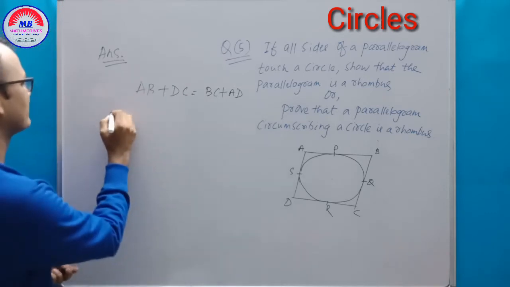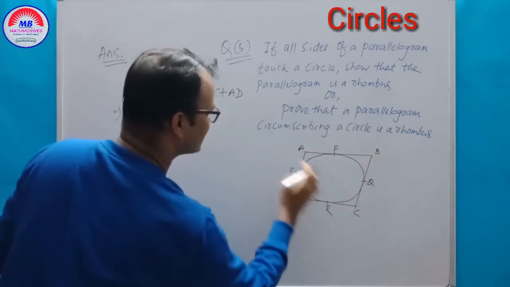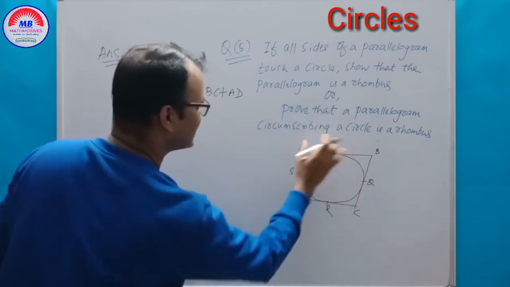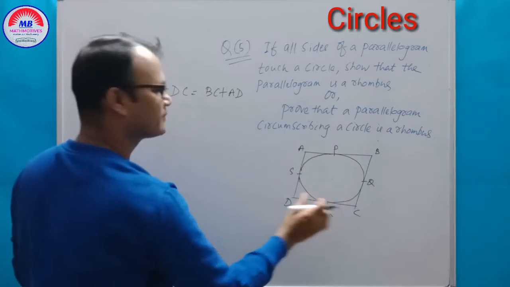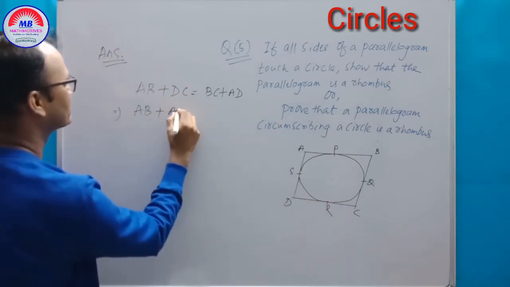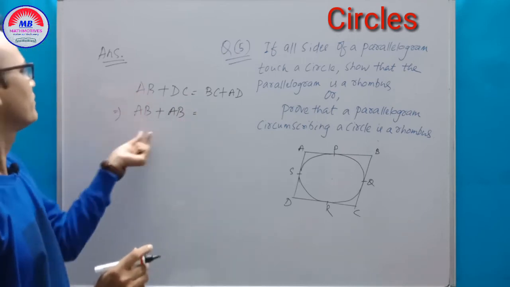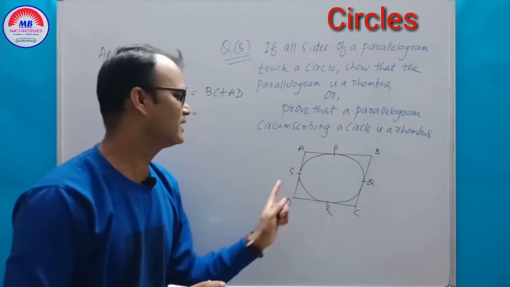Next, you see AB plus DC. Here AB and DC are opposite sides of the given parallelogram, so AB is equal to DC. So in place of DC, we can put AB, because in a parallelogram, opposite sides are equal.